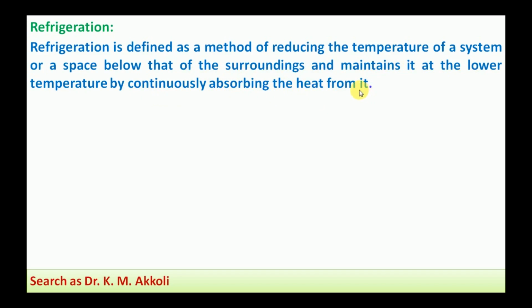Refrigeration means that from a certain space or system the heat is to be continuously absorbed to maintain its temperature lower, and this requires a continuous absorption of heat, which is called refrigeration.